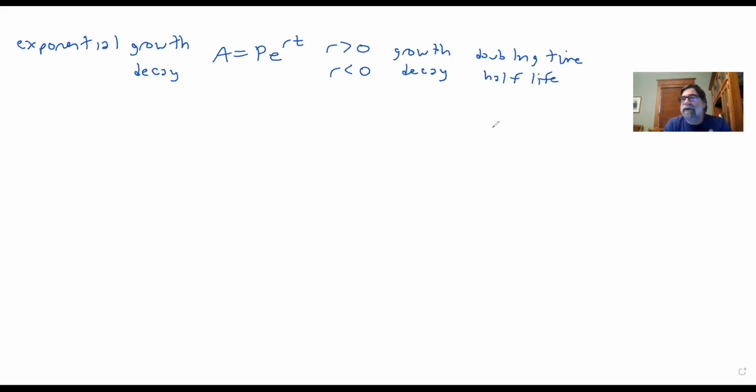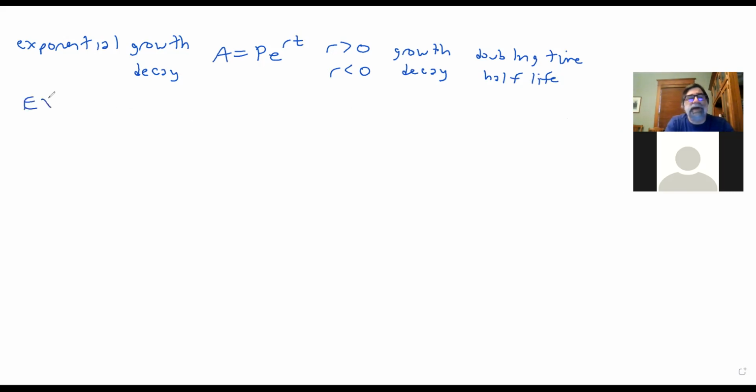So these problems now are going to come in a couple different varieties. Sometimes you're going to be given the half-life, then you have to calculate r. Sometimes you're given r and you want to calculate the half-life. So it all depends on the application that you're doing there.